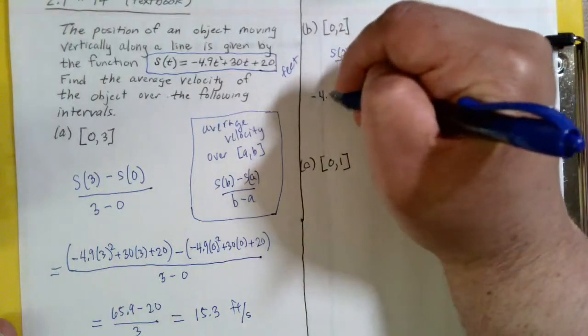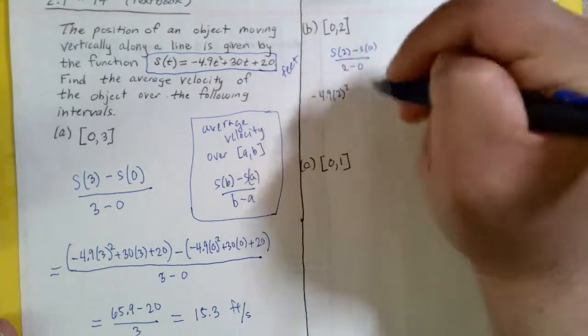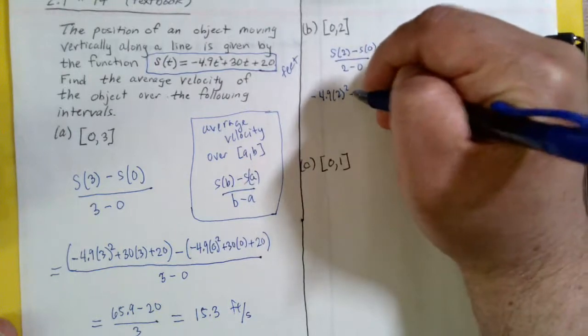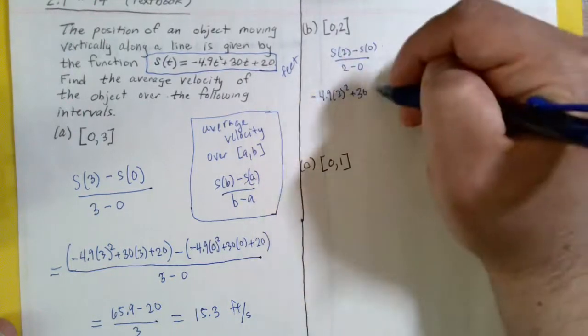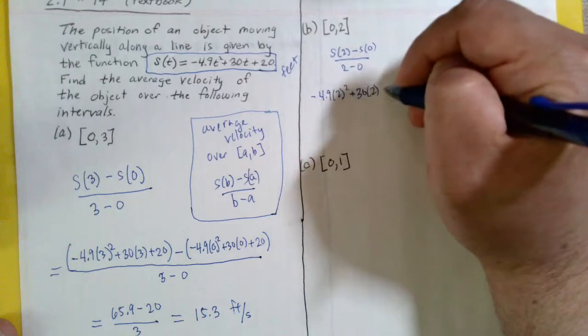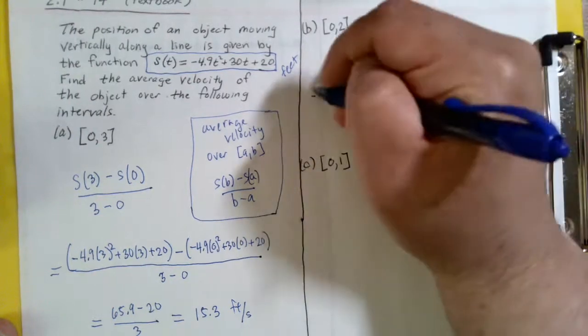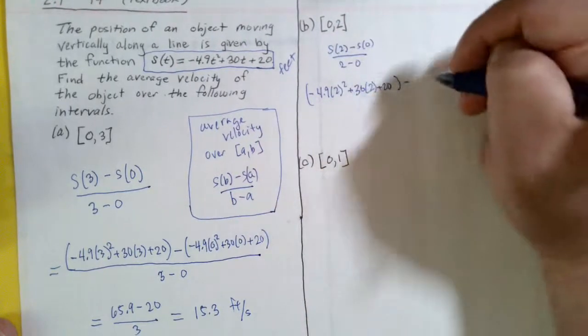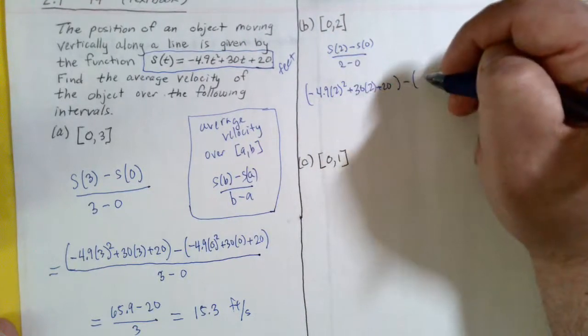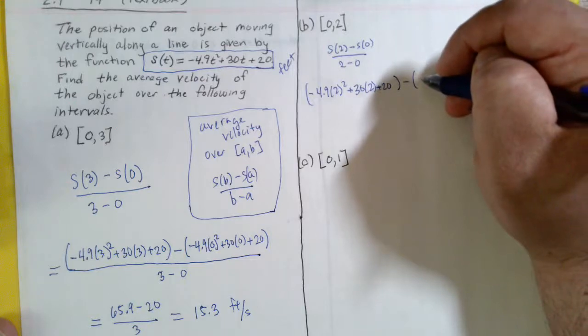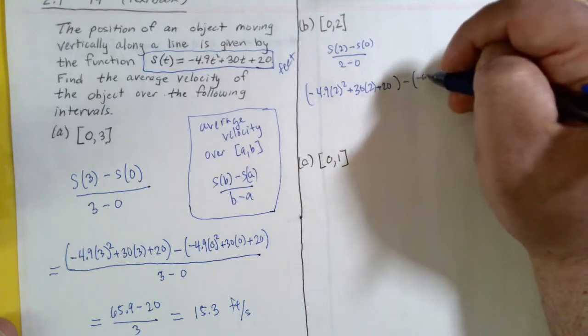So we'd have negative 4.9, we're evaluating this at 2, so negative 4.9 times 2 squared plus 30 times 2 plus 20. That's the S of 2. S of 0 is just 20. That's when we evaluate at 0.